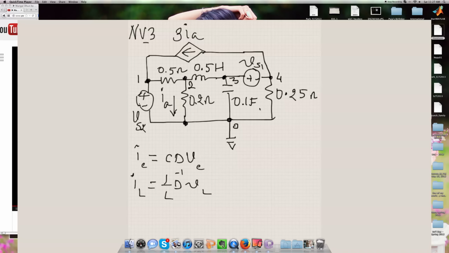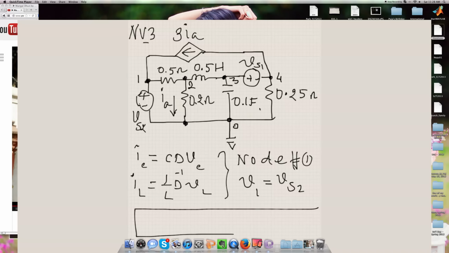Now, if we look at node number 1, we quickly realize that we have a source stuck between node number 1 and the floor, giving us V sub 1 equals PS2. So the target in this problem is to come up with the matrix, and we have one box ready to go.